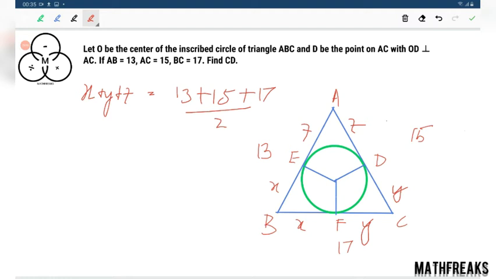Just think that we need y: x plus y, minus, plus x plus z, minus z plus y. The z's cancel, the x's cancel.